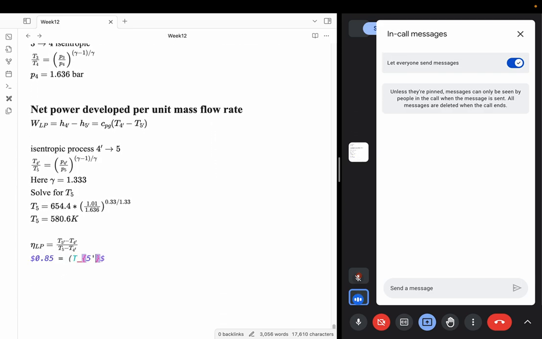So T5 prime minus T4 prime, 654.4, divided by T5, which we have calculated just now, minus T4 prime.